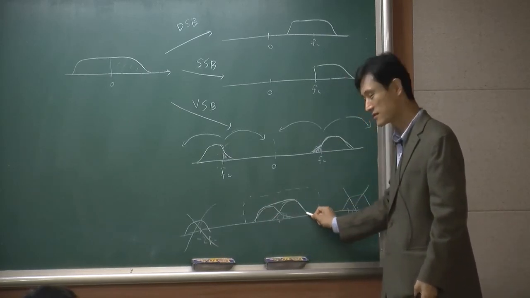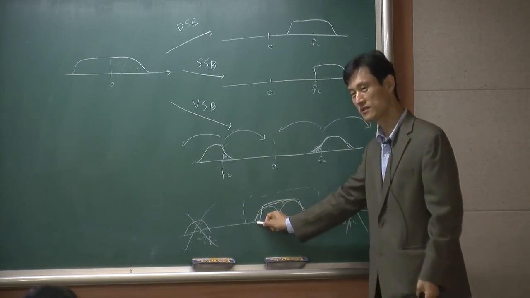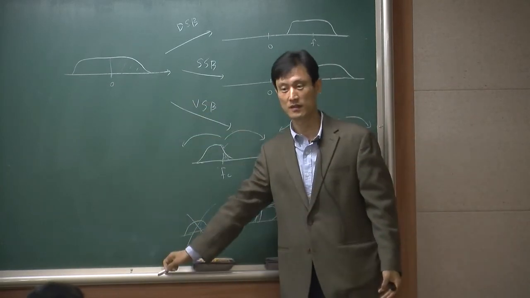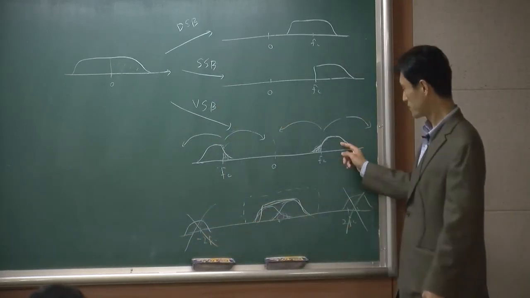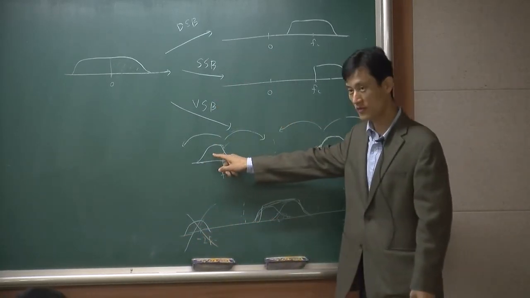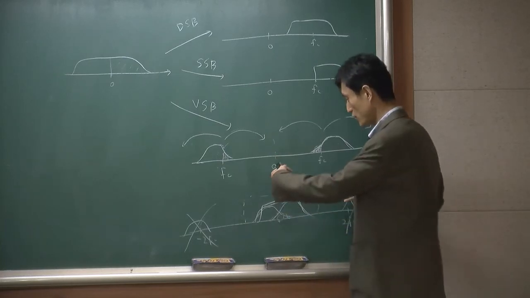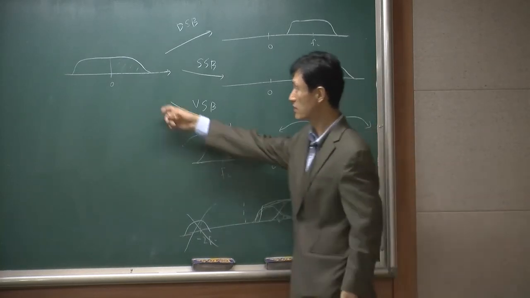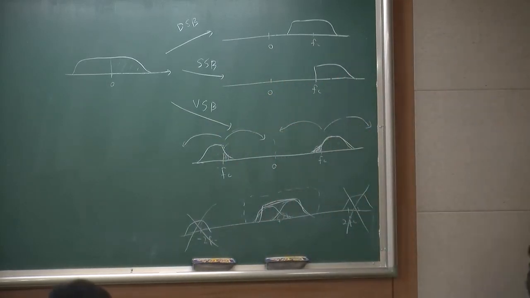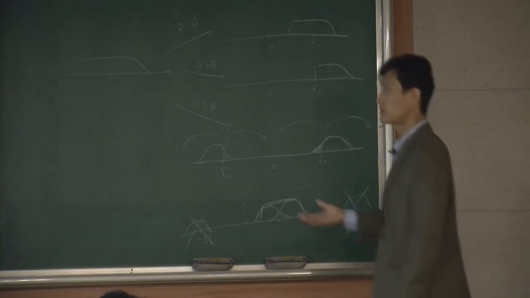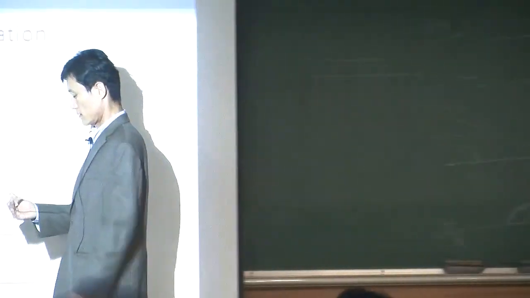You get this, the original one. That's the intention. You know what I'm saying? Some comes from this side, some from the left, and when you add it all together, you get the perfect shape again. So that's the VSB.